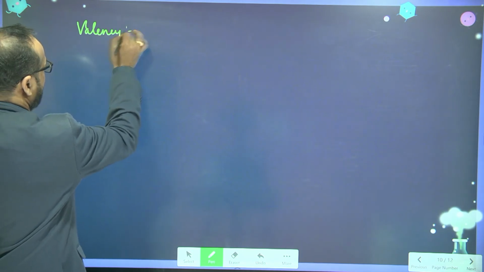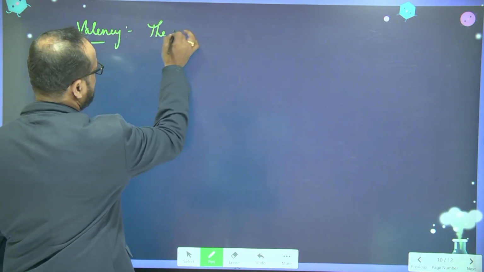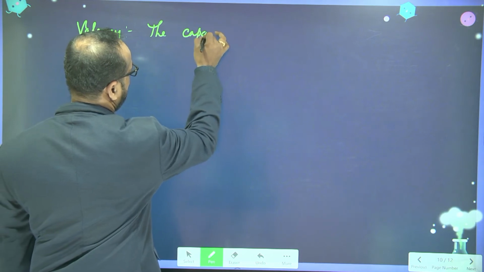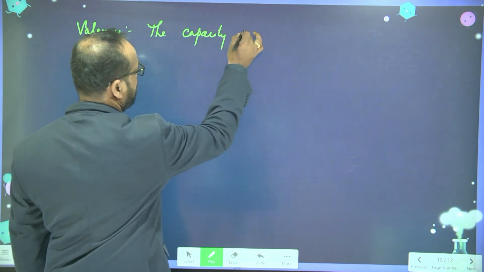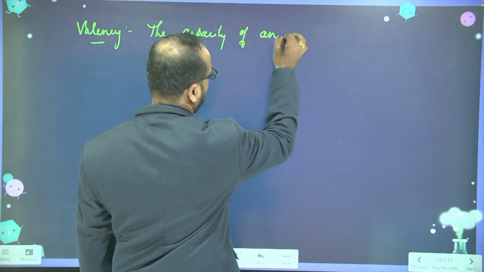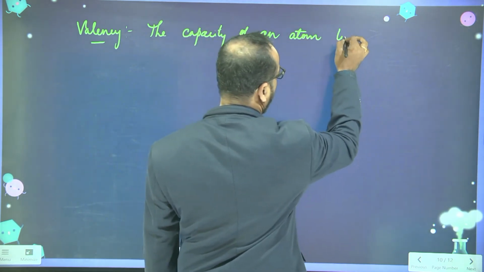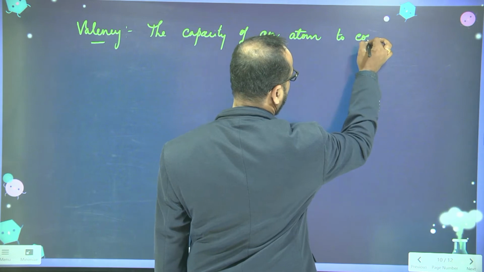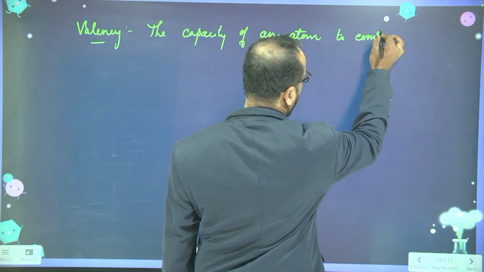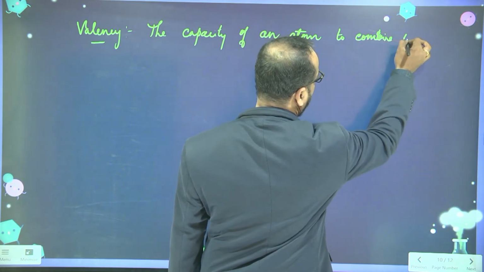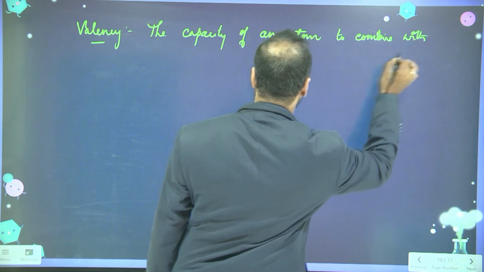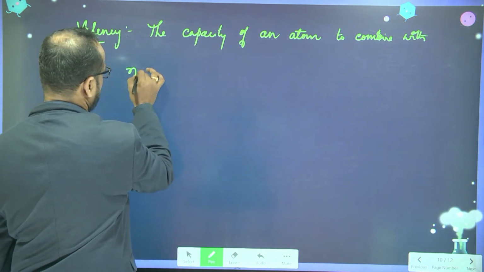Valency can be defined as the capacity of an atom to combine with the number of hydrogen atoms.